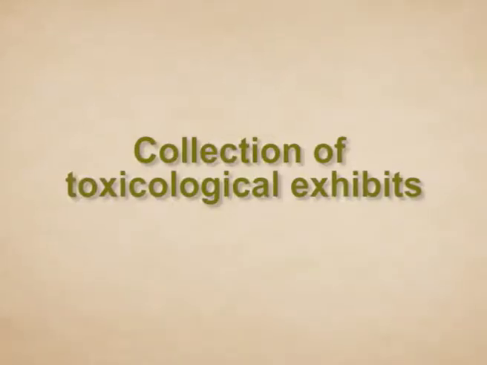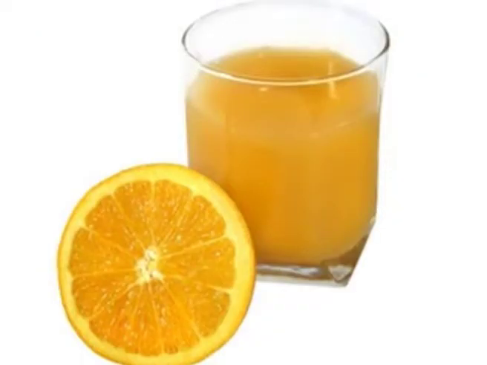Collection of toxicological exhibits, let us see how it will be done. First, for survival cases, the following materials may be collected for analysis: stomach wash, vomited material and stained clothes, blood sample, urine and feces if they are available. For the suspected material recovered from the possession of the victim or accused and from the scene of crime, like food or drink, residual poisonous material, all that needs to be collected.